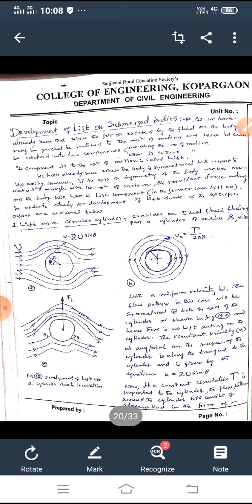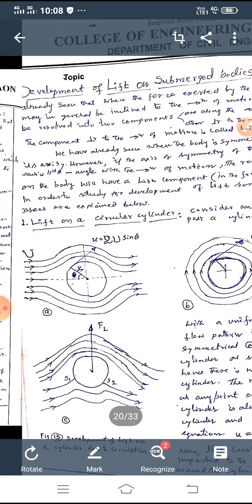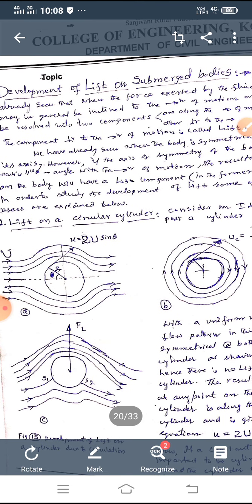So far we have studied the effect of drag on submerged bodies. Now we will go to the lift component effect on submerged bodies. We shall consider a circular cylinder of radius r, which makes an angle theta as shown here.